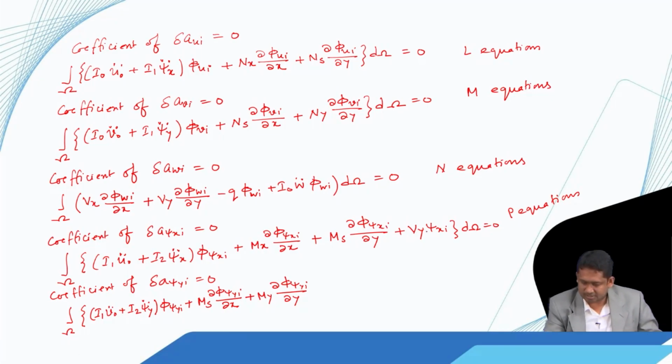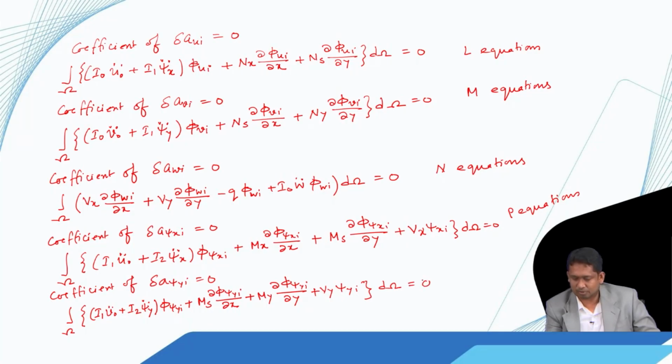One correction here, this is Vx, not V, this is Vx, and then we have plus Vy into psi y I, multiplied by this entire thing integrated over the omega, and that is equal to 0, and that gives me total Q equations.